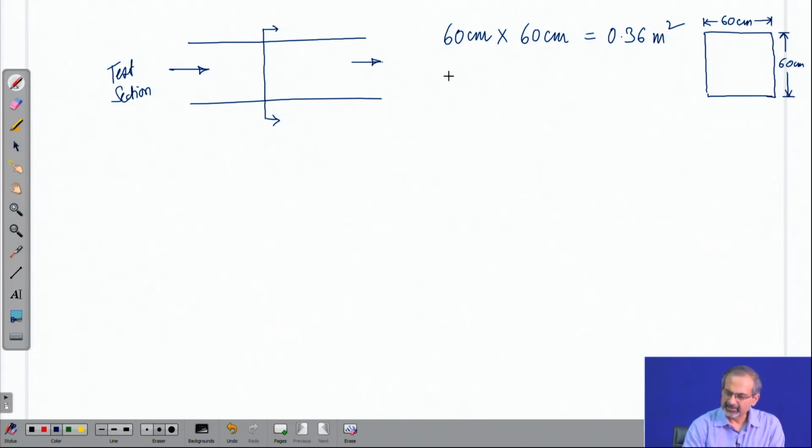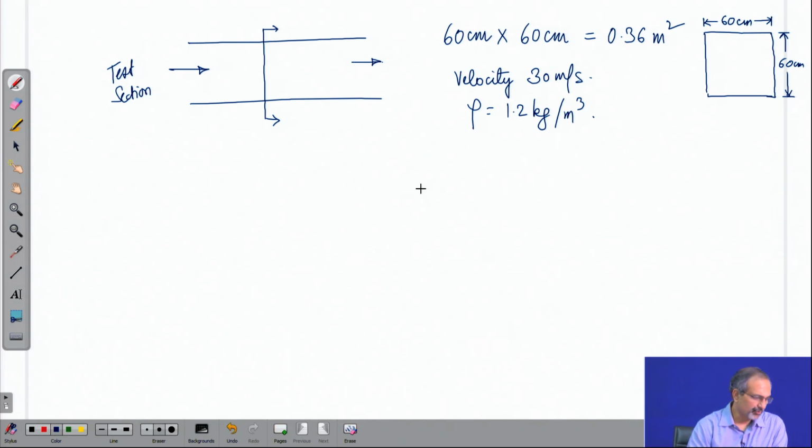And let us say that the test section velocity is 30 meters per second. Additionally, the density, let us assume it to be 1.2 kg per meter cubed. Now, we are ready for doing the jet power calculation.